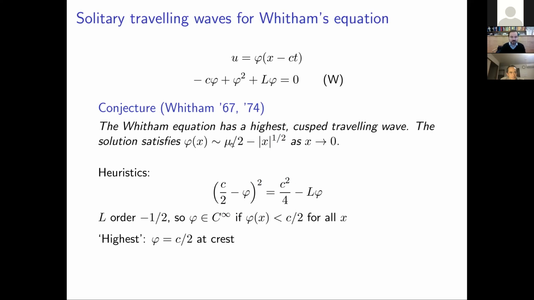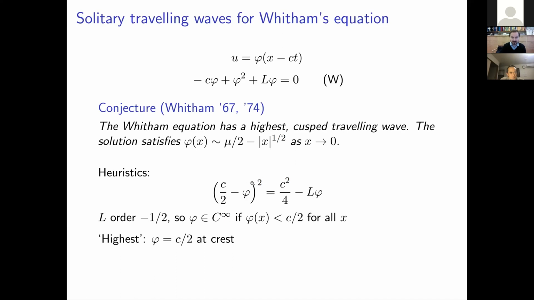Some of the heuristics here is that if you rewrite the equation a little bit, so you essentially complete the square, then we get the square on the left-hand side, and on the right-hand side we have a nice smoothing operator. So here we gain regularity.